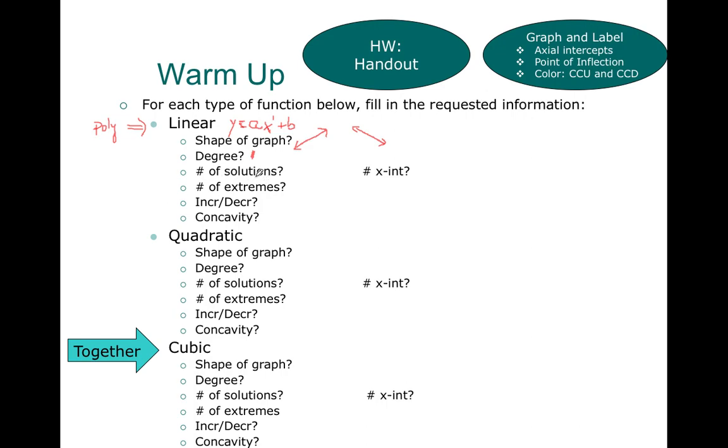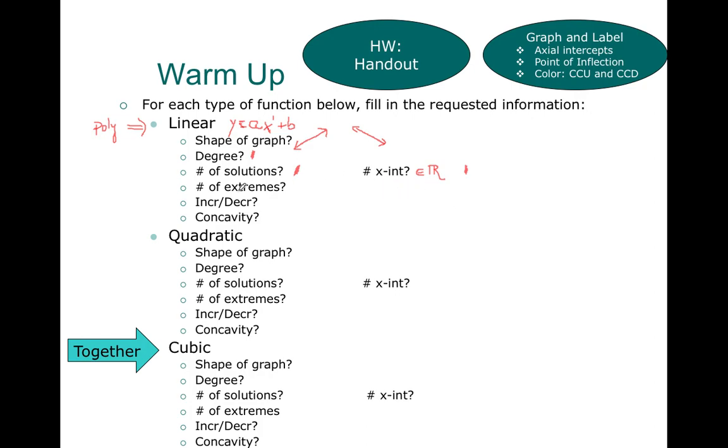Solutions. When I ask for the number of solutions, remember, you can tell me real or non-real. How many real and non-real solutions does a linear function have? 1. It's not a coincidence. Now, x-intercepts, remember, x-intercepts must be elements of the real numbers, must be a real number. How many x-intercepts does a linear function have? 1.